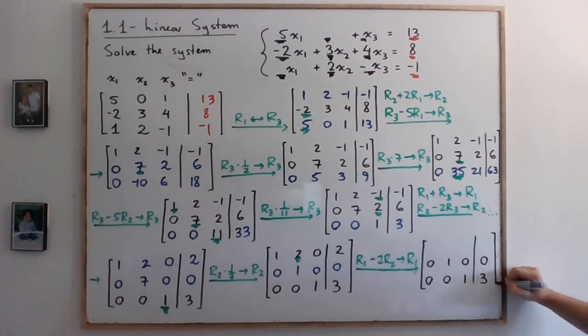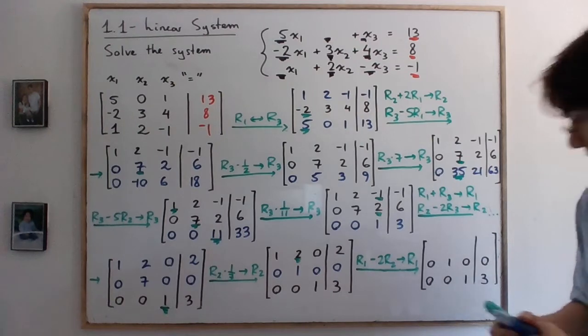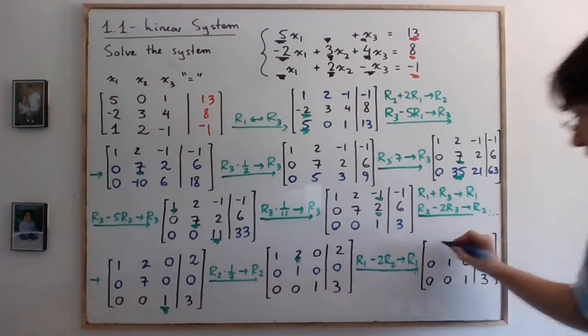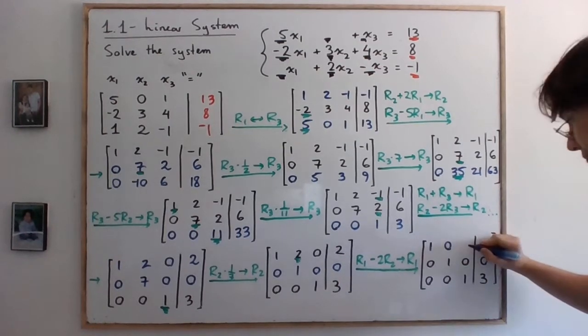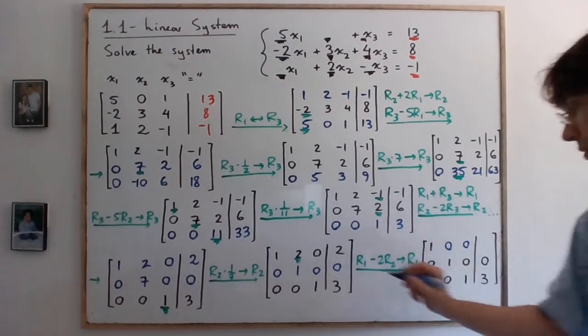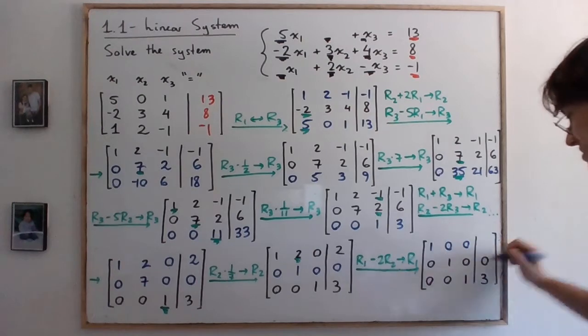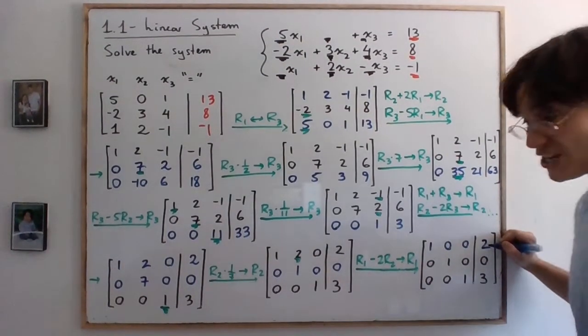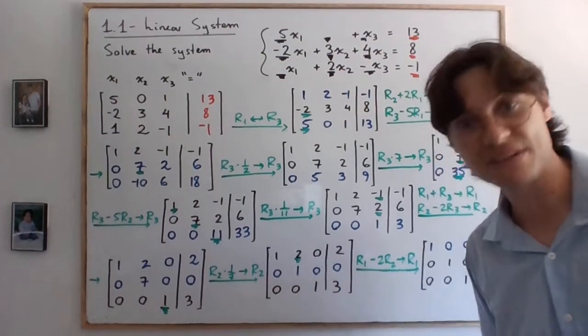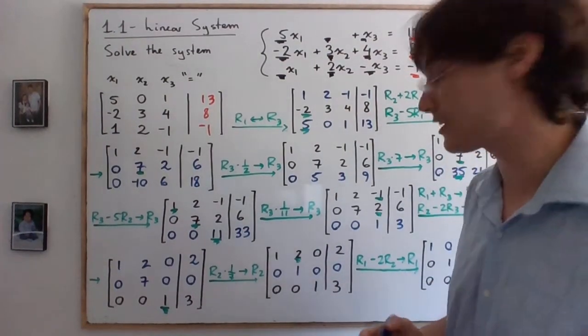Okay. Then we have 1, 2 minus 2, 0, but just to make sure, right? 0 minus 2 times 0. And then we have 2 minus 0, so that's 2. This number doesn't change, but it's only by chance because it turns out that this number is 0. Otherwise, you need to perform the calculation.